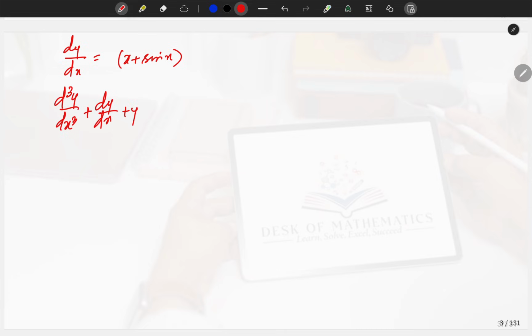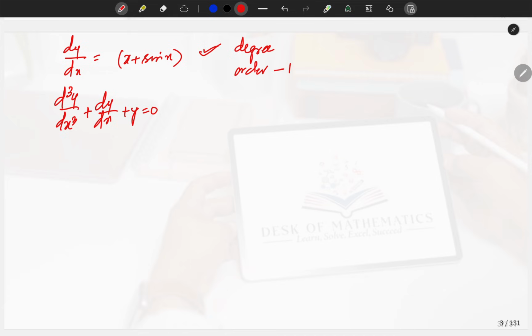For example, in the differential equation, they will give you one differential equation, dy by dx is equal to x plus sin x, or they will give you d cube y by dx cube plus dy by dx plus y is equal to 0. Here they may ask you what is the degree, what is the order.